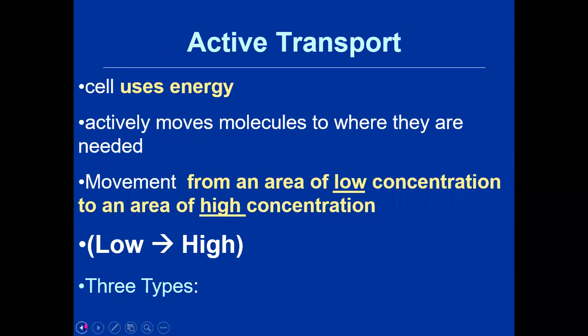Then next we go to active transport. So active transport uses energy. Why? We are trying to force materials that are less to oppose those that are many. It's like in a fight.